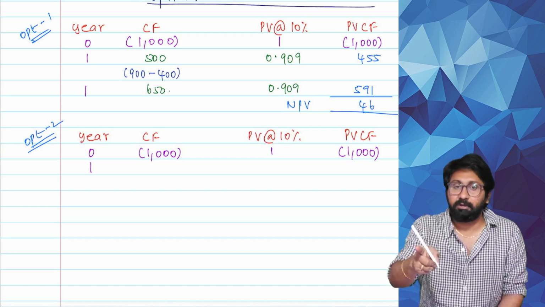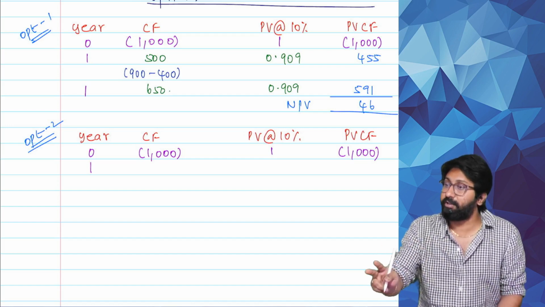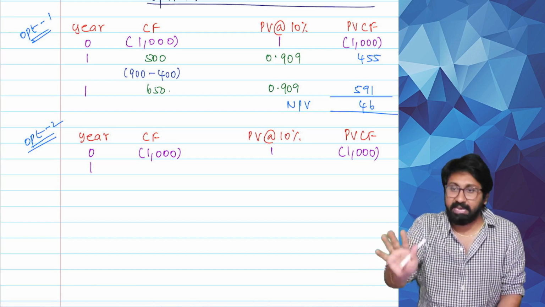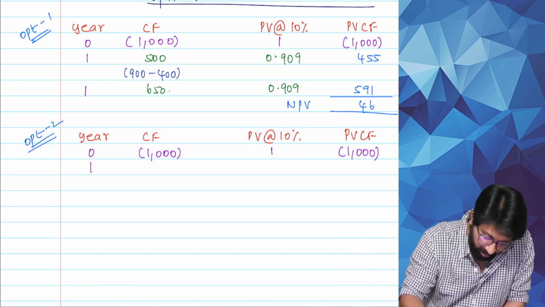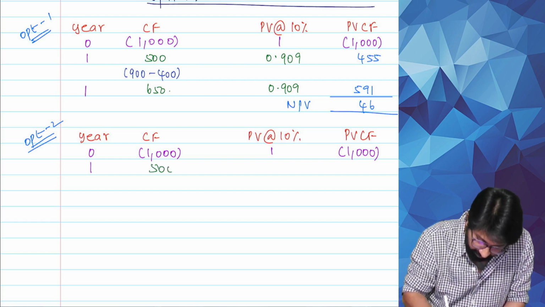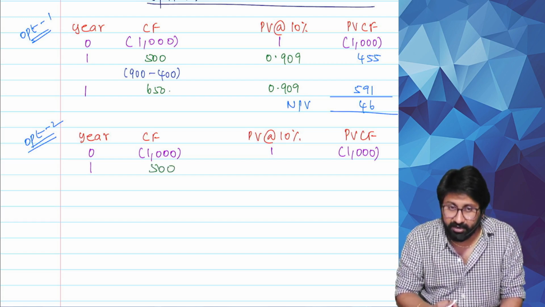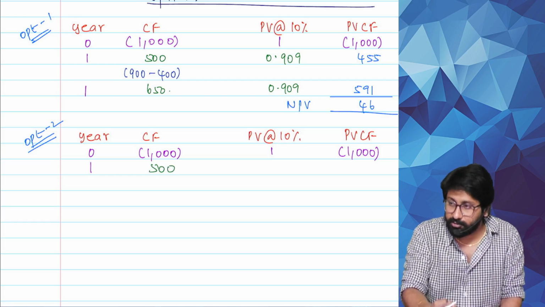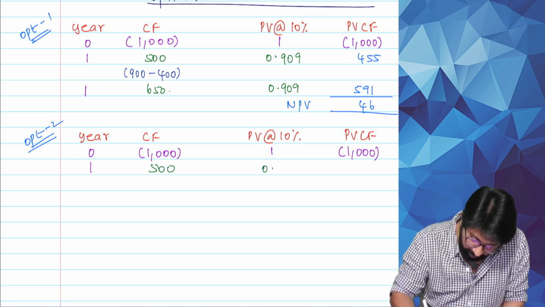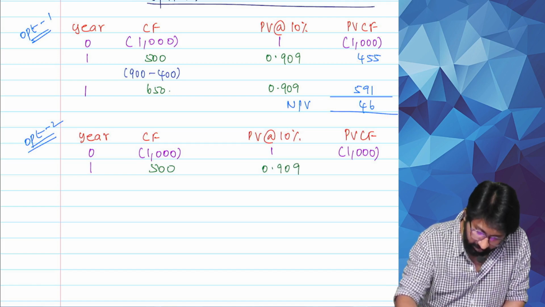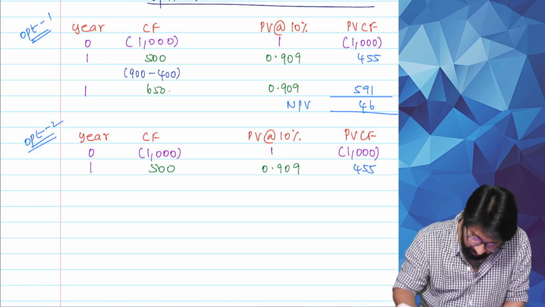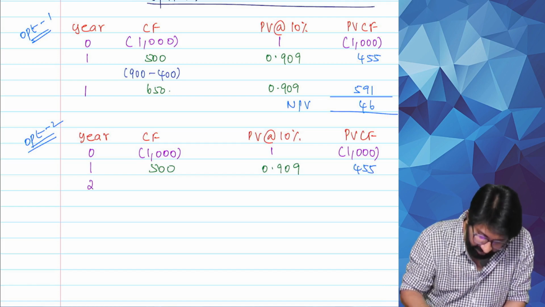Will scrap be there or not? It will not be there, because you are holding for how many years? 2 years. First year scrap will not come. So directly write down 500. You know the meaning of this 500? We already calculated it in option 1. Times 0.909, the value is 455.